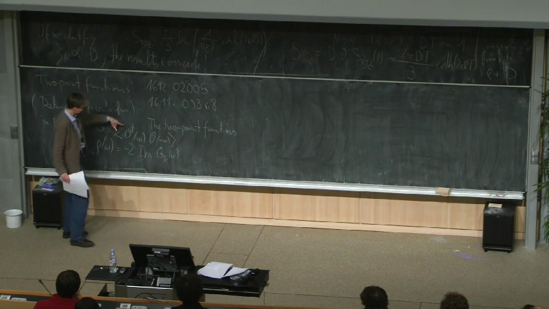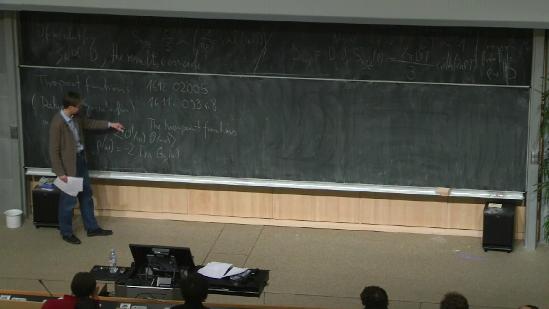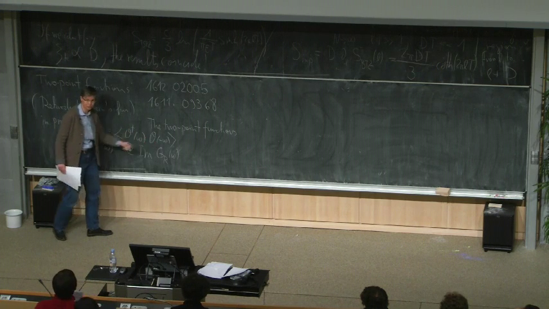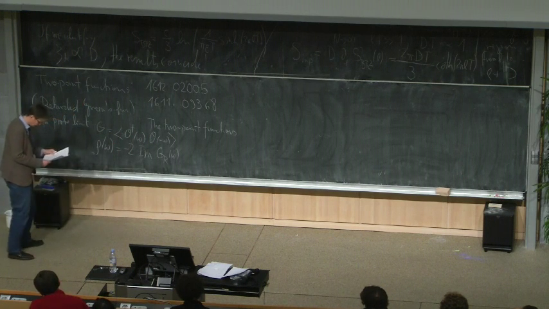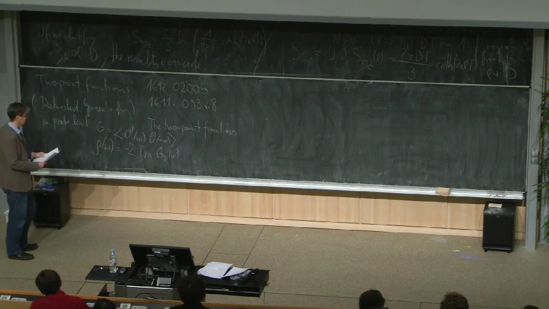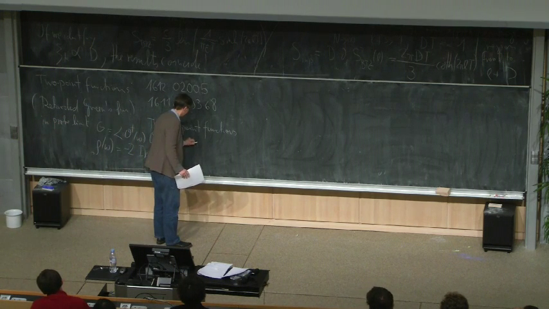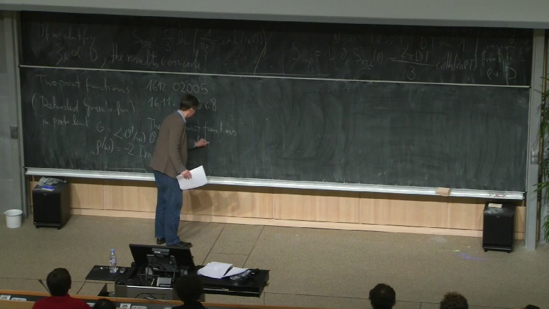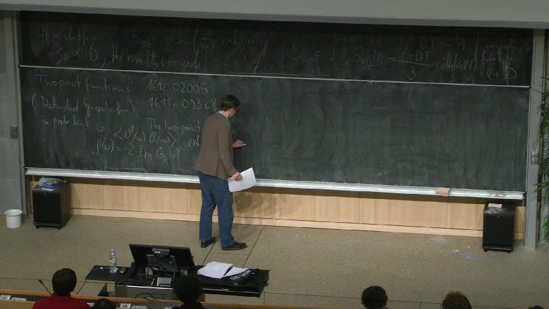So we can calculate this essentially for the 0+1 dimensional object, so it only depends on the frequency. If we Fourier transform, we can calculate this. And the two-point functions exhibit a so-called Fano resonance.